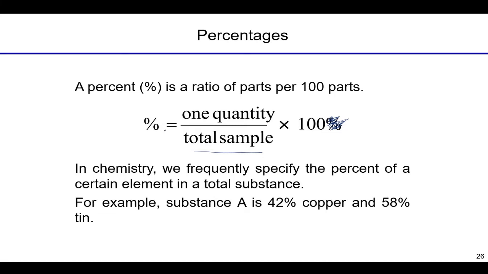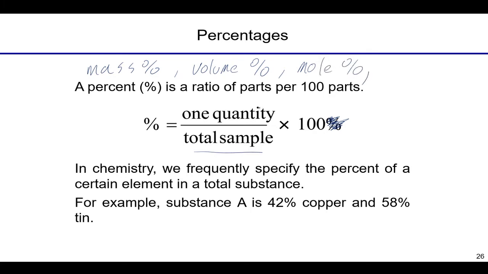These are used quite often in chemistry. Sometimes you'll see this as a mass percent. Sometimes you'll see this as a volume percent. You could even talk about this in a mole percent, but we haven't quite got to the concept of a mole in this class.